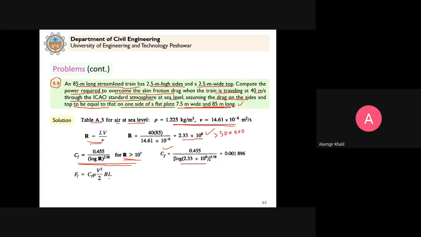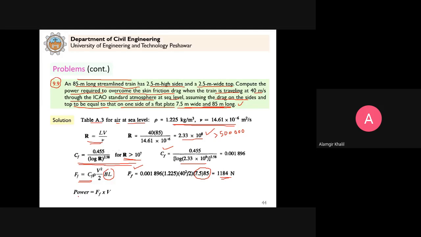And then for a flat plate, you calculate the friction drag force. These are the dimensions for the flat plate, the area. Clear? So this is 1184 Newton. Because it is stated in the problem that the force acts on one side of the flat plate, it is equivalent to acting on this streamlined train.